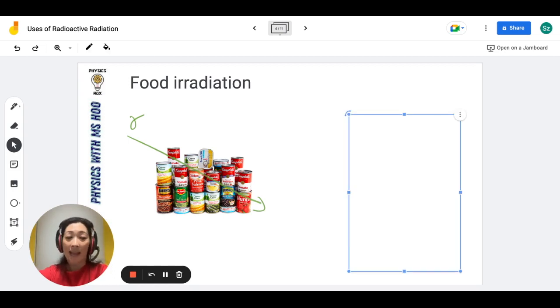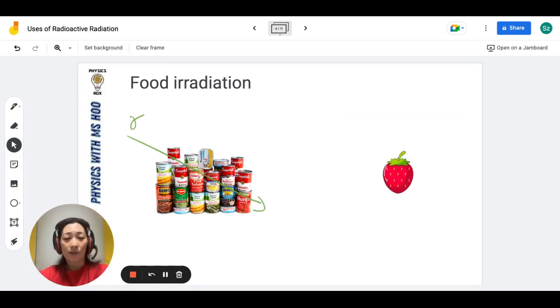Besides irradiating cans and boxes, we can also irradiate things like fruits. So similarly, by irradiating the fruits with gamma radiation, the gamma radiation would kill any microorganisms like spores, bacteria, fungi inside the fruit, keeping the fruit fresher for longer as well.